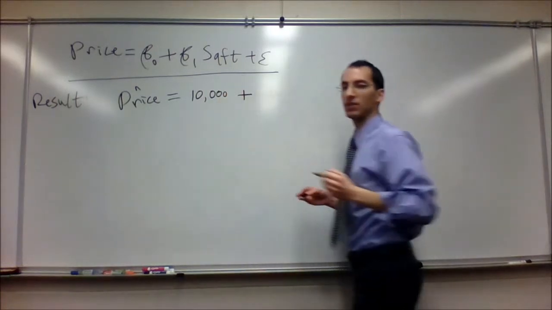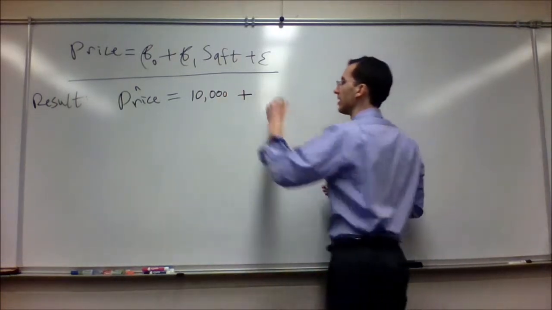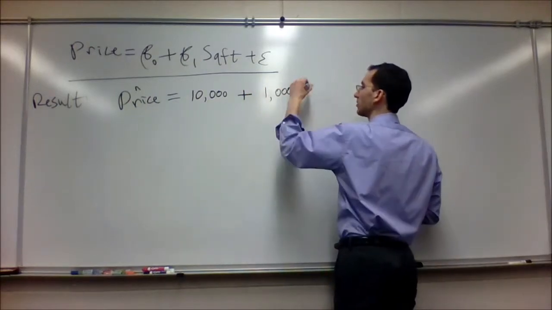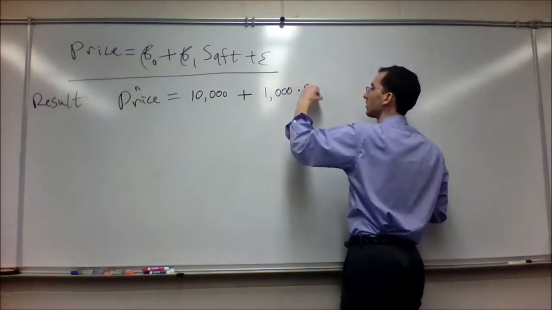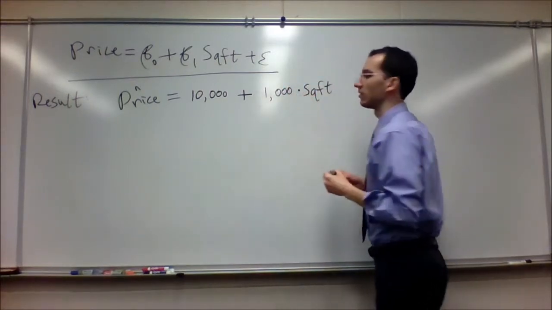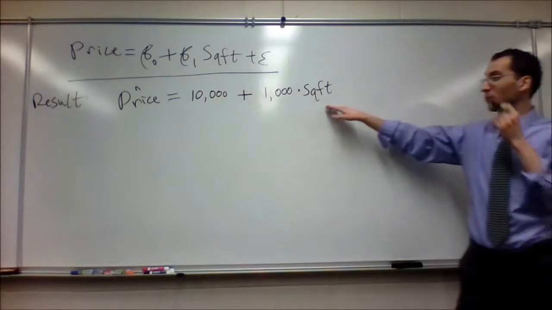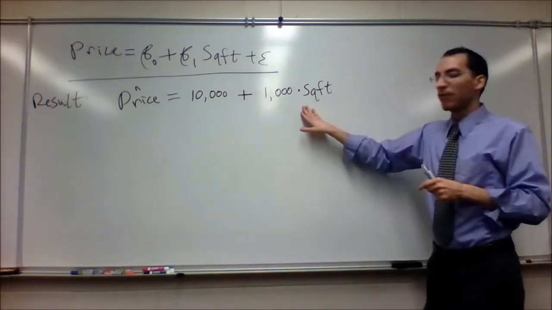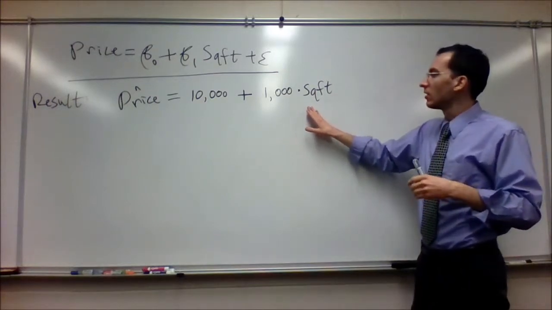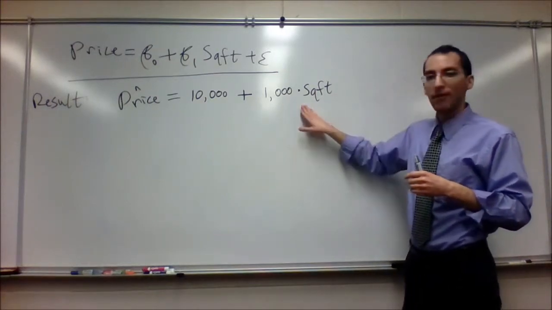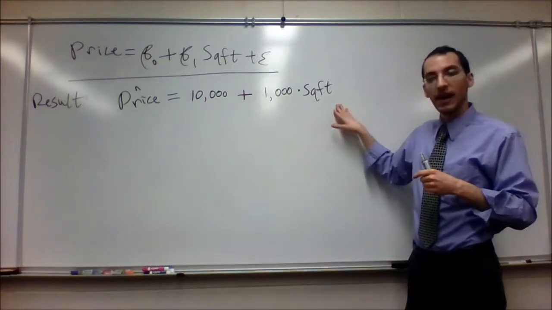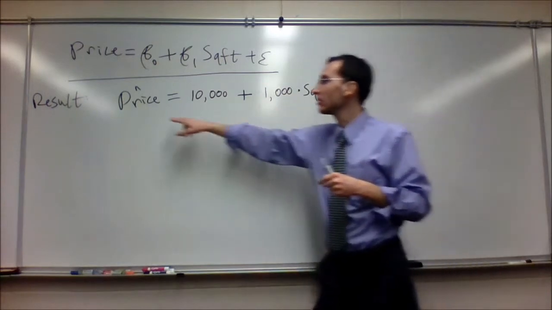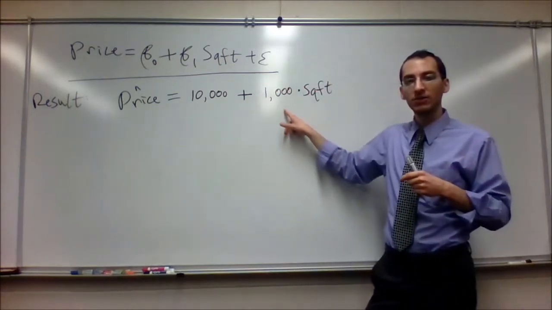And let's say that the slope coefficient here is, we'll just say $1,000 times our explanatory variable square feet. Okay, so I just made these numbers up for example. And we know from our interpretation that, well, we can say that for every square foot increase in the housing size, we expect an average price increase of $1,000.